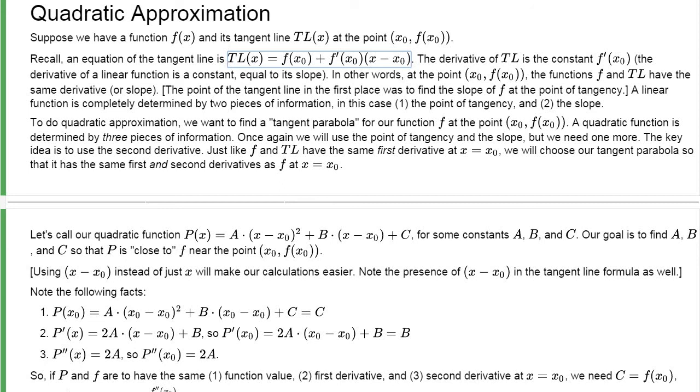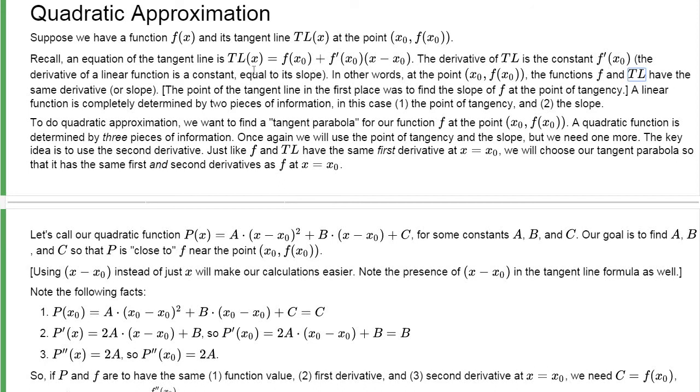The derivative of the tangent line is this, the slope. Okay, it's a constant. And in other words, at the point of tangency, x0 comma f of x sub 0, the function f and the tangent line have the same slope.